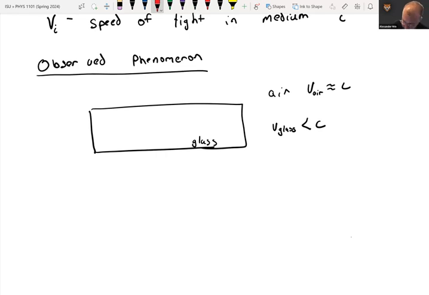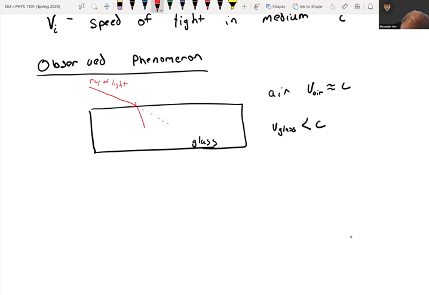Now, I'll try and draw these freehand as straight as I can. What you would have is a ray of light, and I'm going to draw my ray of light in red. It could be red light, could be some other color. When you shine this in, what you would see is something like this. The straight line path I'll do in a dotted line.